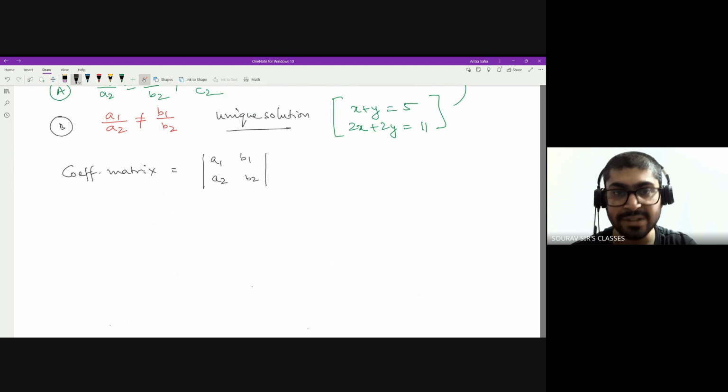All right, once we place the coefficient matrix, we just need to calculate the value of the determinant, right? If the determinant is non-zero, then we have a unique solution, and there are a lot of different cases relating to this, right? So we will be covering that in the chapter of matrices and determinants, but this is the same logic that has been told via those three conditions, right?